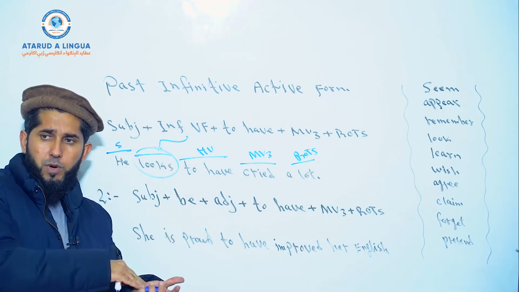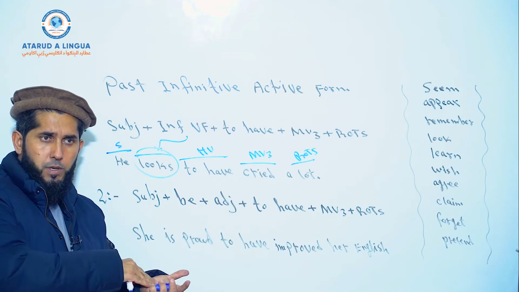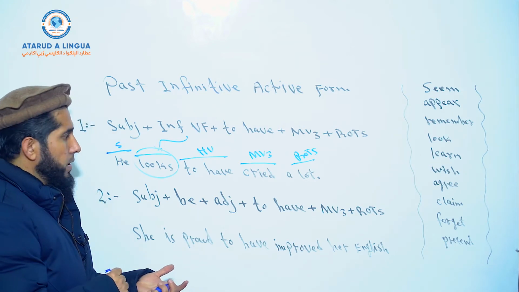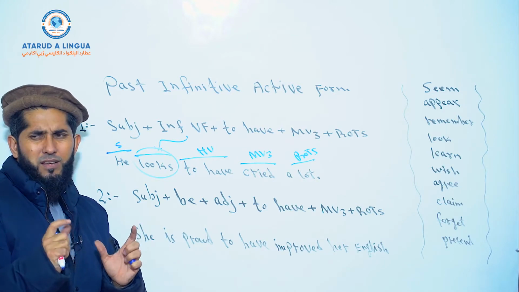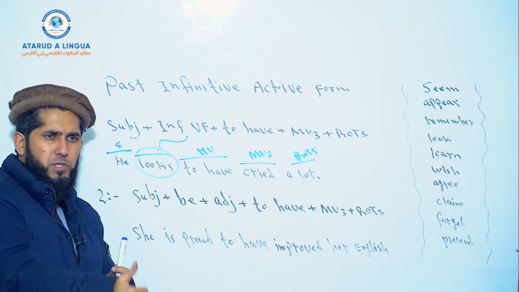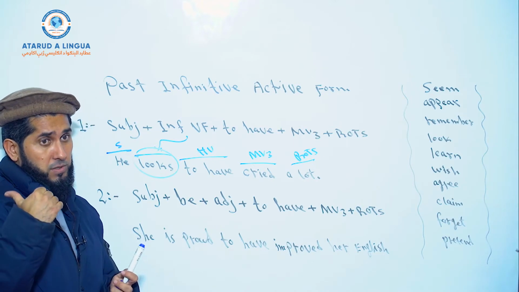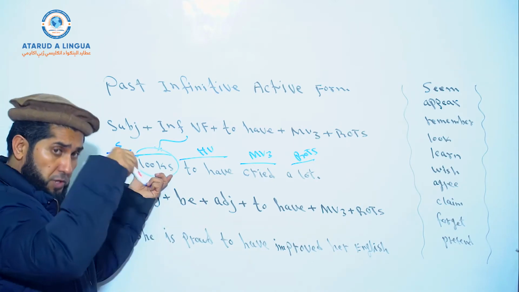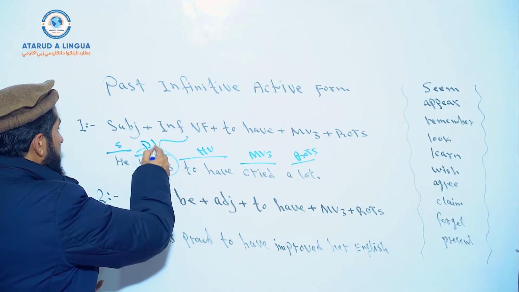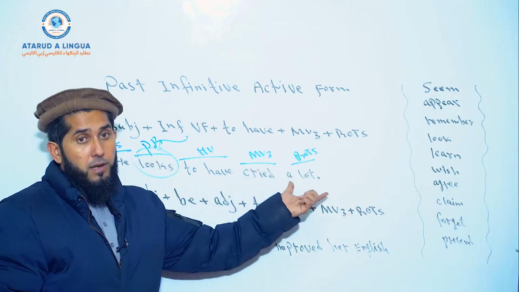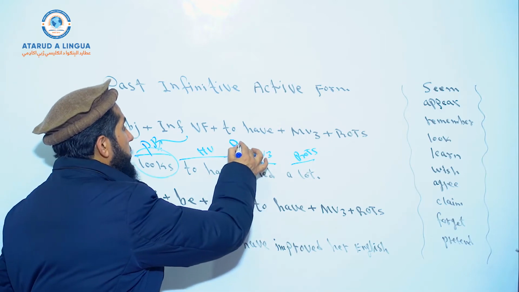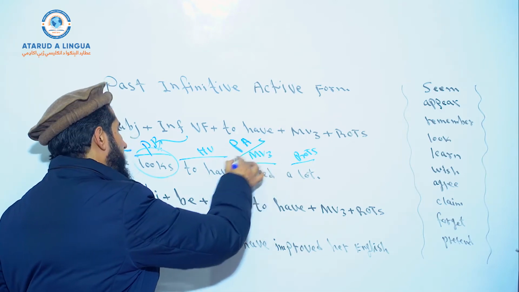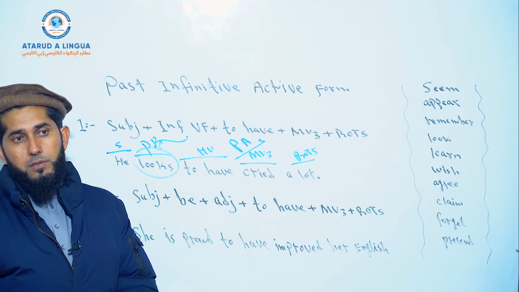This is the present remark. Okay. His eyes are red. Or, for example, there's a sign that shows the present remark or result of a past action. Okay. So he looks, present remark. To have cried a lot, a past action. So we still talk about the present remark of a past action.